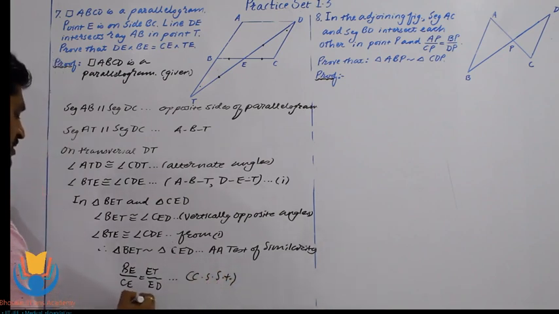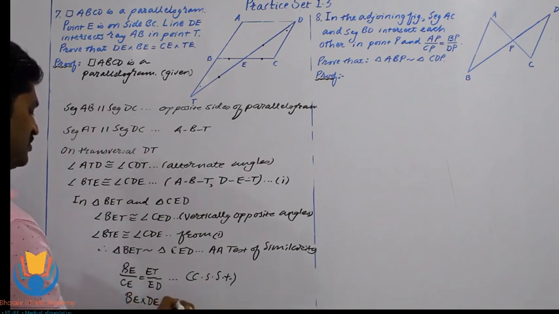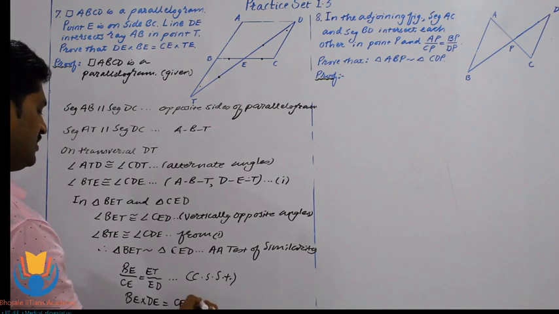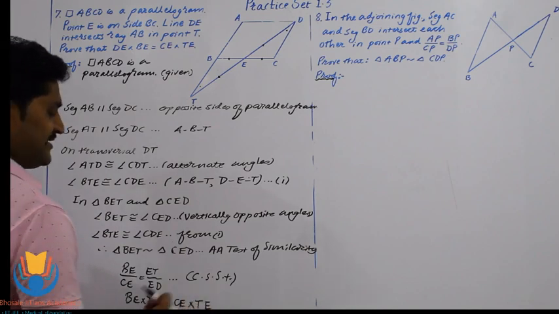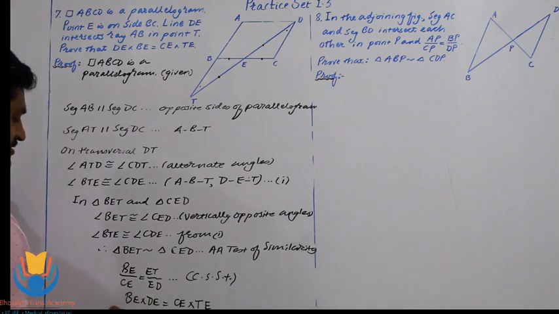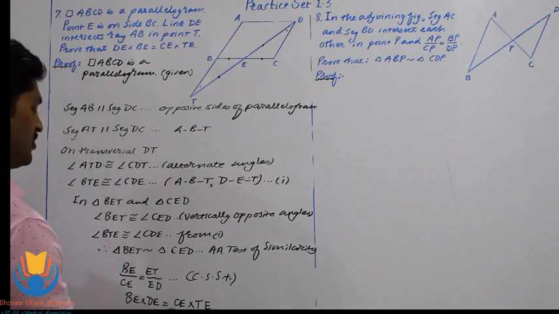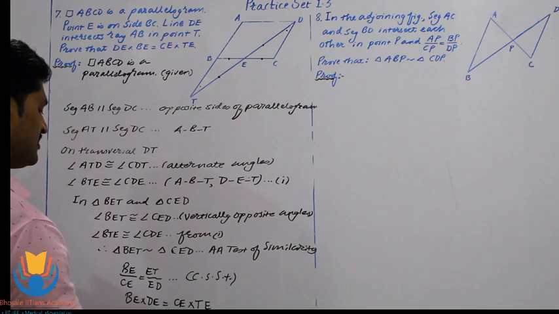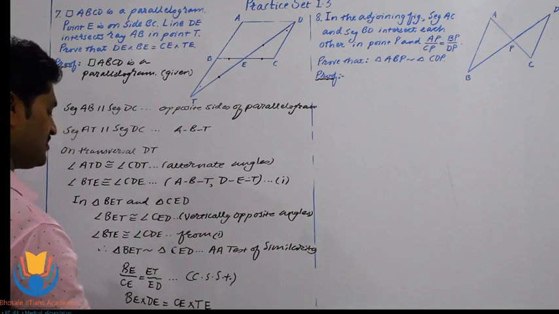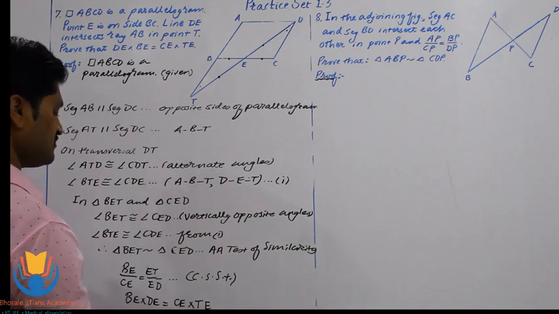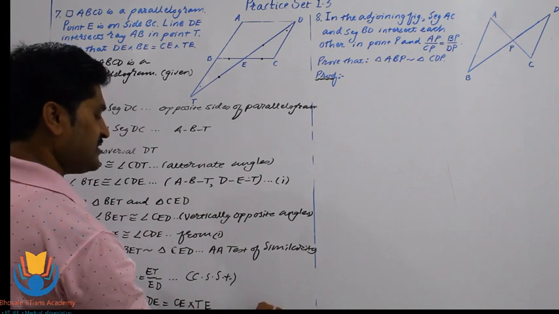Therefore BE into DE will be equal to CE into ET, which can be written as TE. So there is a small change. First we will write DE into BE, which is equal to, on the right hand side the same thing, CE into TE. So at the last we will write hence it is proved.